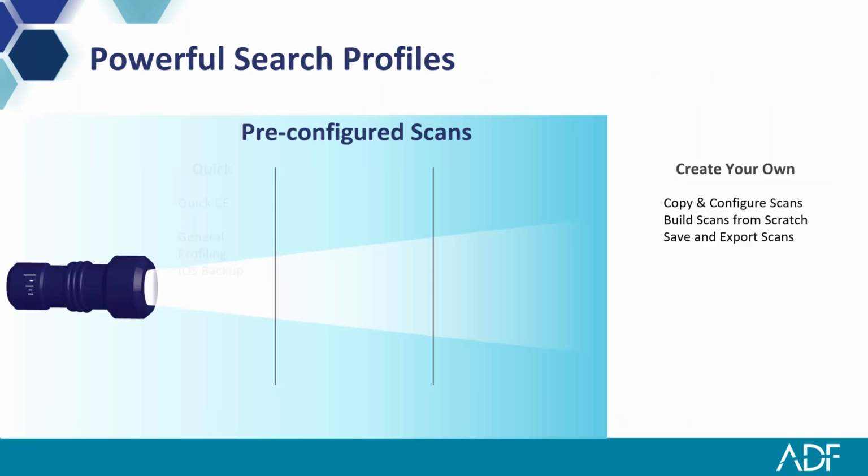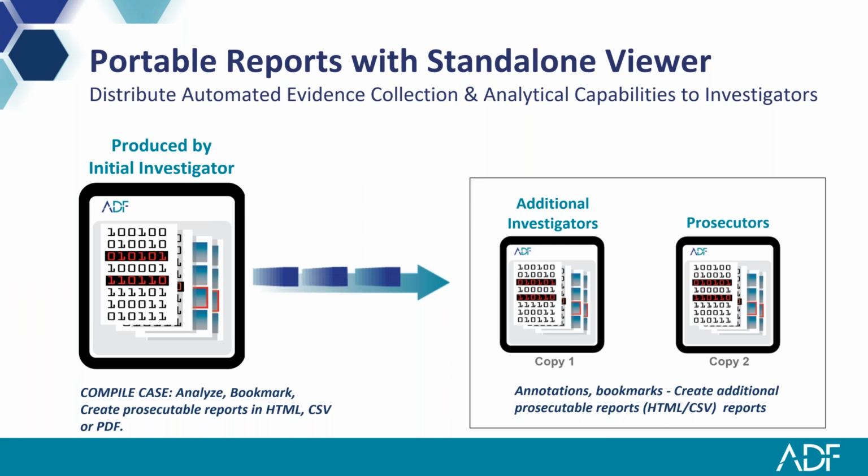Another thing about the portable reports as a standalone viewer is it's great for archiving. So the end of the case comes, you've done all your tagging, sorting, filtering, reporting. You can then take that whole collection, that whole case, put it into the standalone viewer and archive it.